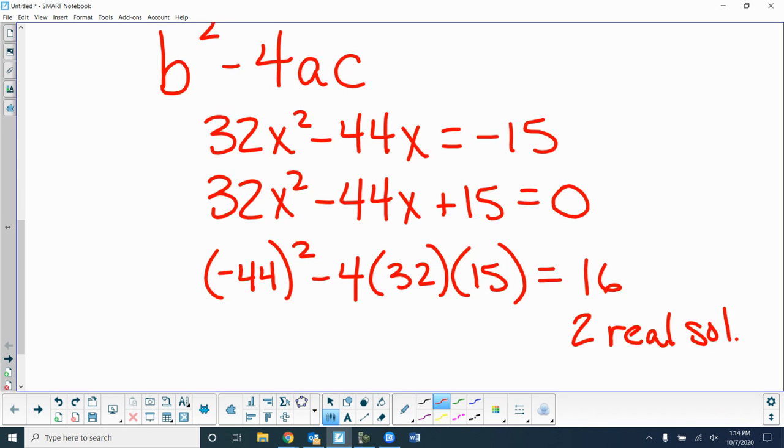This one's one of those square words, right? It's going to be 2. Take the square root. Square root is always square root.